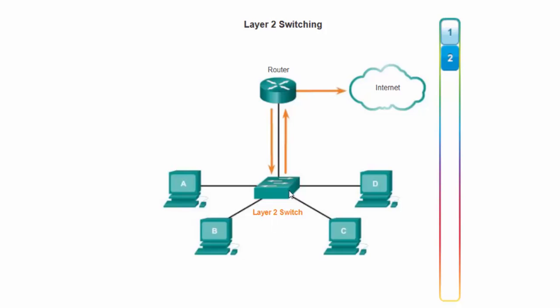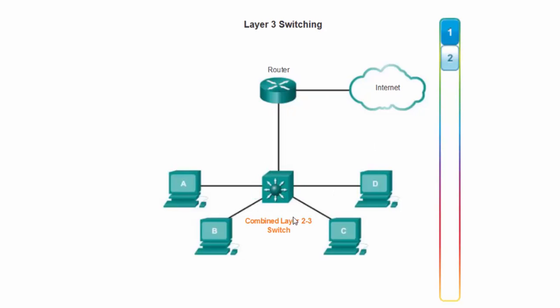To save that learning time, there is another type of LAN switch, which is what we call a layer 3 switch. A layer 3 switch uses both MAC address and/or IP address for forwarding the frames to the appropriate nodes. So instead of learning all the physical addresses that correspond to a particular IP address, the layer 3 switch is actually allowed to forward the packets on the LAN using IP addresses if needed.